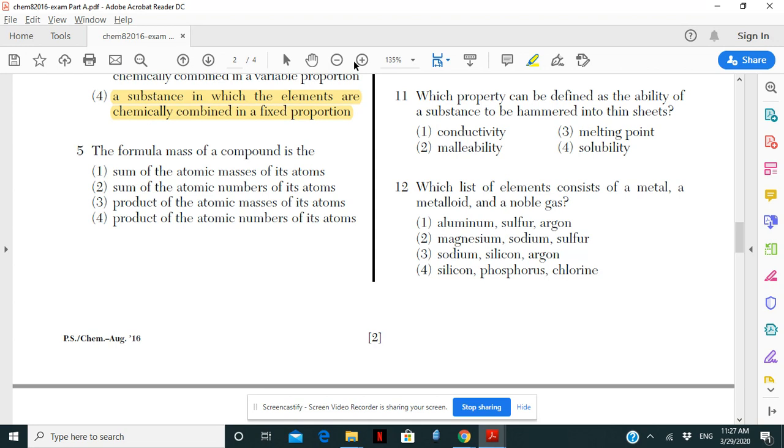So I add all the atomic masses, and in that case the answer should be number 1, the sum of atomic masses. That's exactly what we're doing when, for example, we talk about methane, CH4. It has 1 carbon and the carbon is 12, hydrogen is 4 times 1, which is the atomic mass, so 12 plus 4 is 16. So what we're doing now, we find the sum of the atomic masses of its atoms.